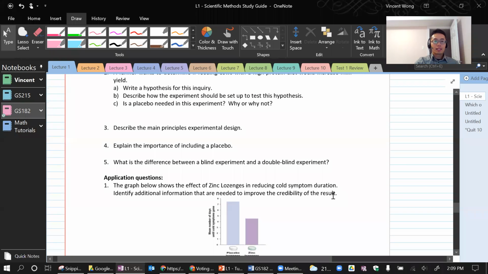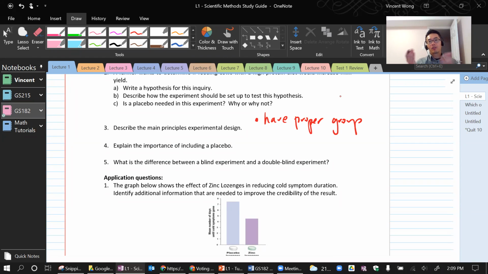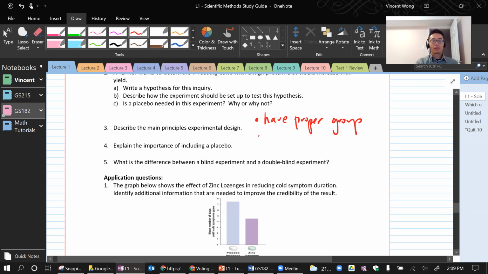Describe the main principles of experimental design. So basically what we have been talking about, so have proper groups, okay? Control and experimental, that would be the minimal two groups. And then if you're dealing with humans, you need a placebo, okay?